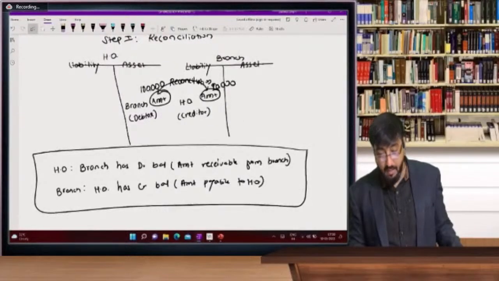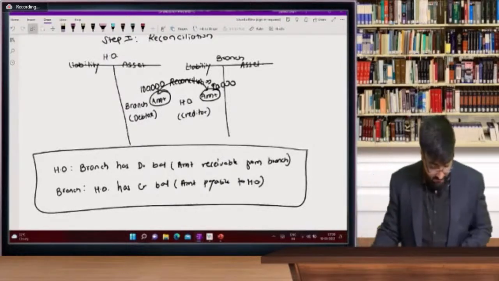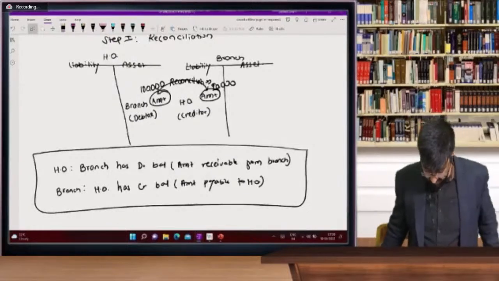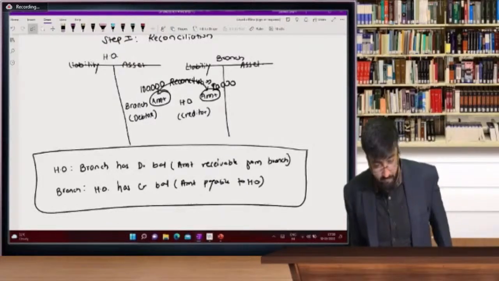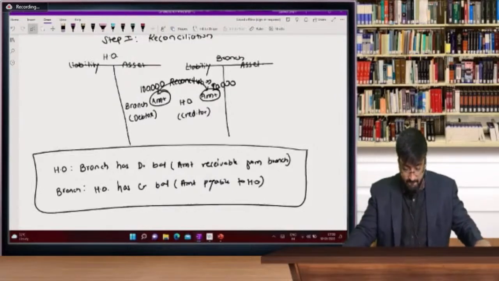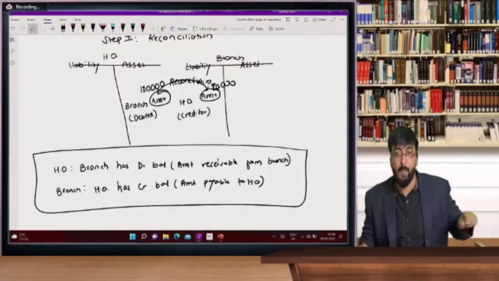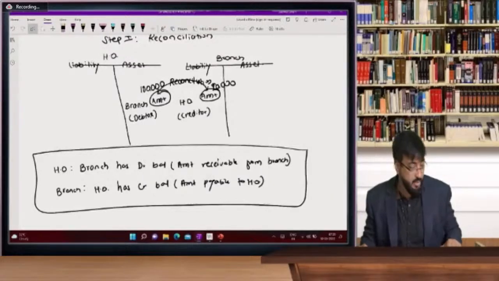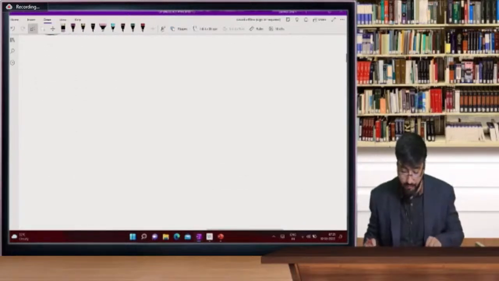On the asset side, branch is showing a debit balance, and in branch books, HO is showing a credit balance. Over.